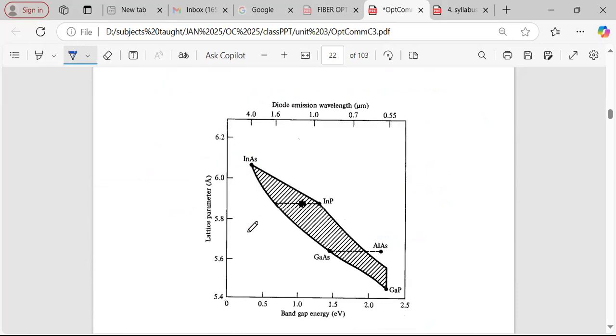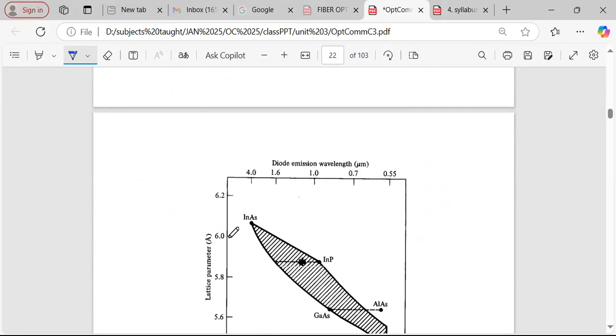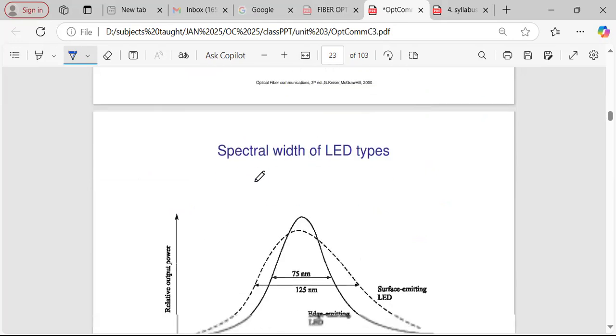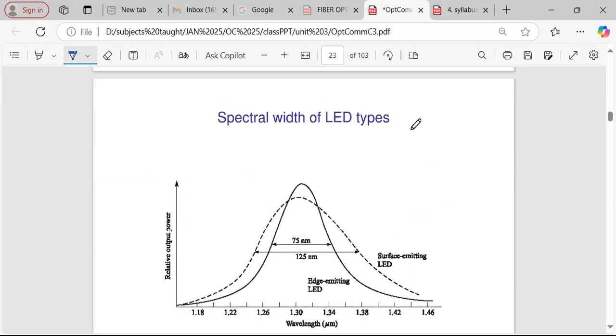Now in this graph, you can see the lattice parameter and diode emission wavelength, and how the band gap energy, diode emission wavelength and lattice parameters are connected. And this one is the spectral width of the different LED types. We have seen that there are two types of LED, edge emitting and surface emitting.